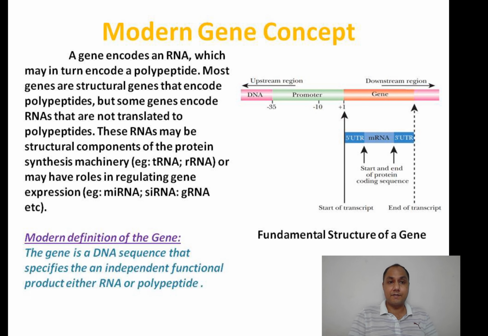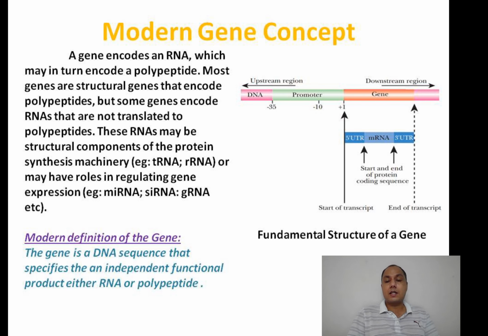These RNAs are different from this RNA. This was carrying the message to encode the polypeptide, while these RNAs are not translated into polypeptide; rather, they have a regulatory role. For example, miRNA, the microRNA, siRNA, short interfering RNA, gRNA, guide RNA, that is responsible for RNA editing.